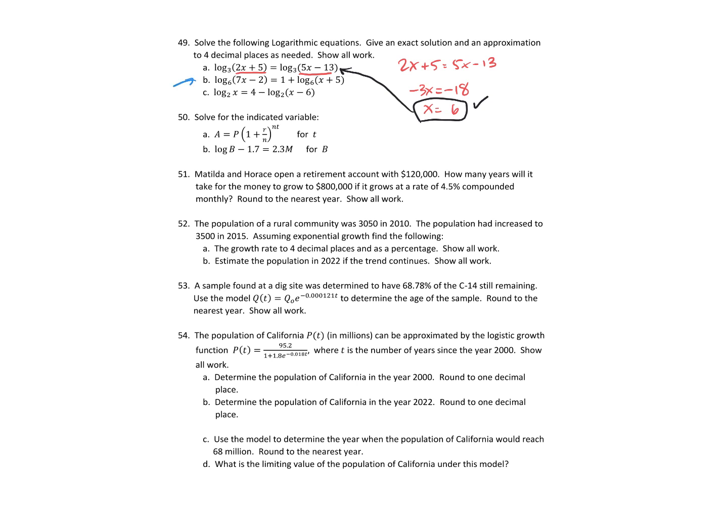So for this one, I have log base 6 of 7x minus 2 equals 1 plus log base 6 of x plus 5. Okay, so what I'm going to do is subtract the log base 6 of x plus 5 over.